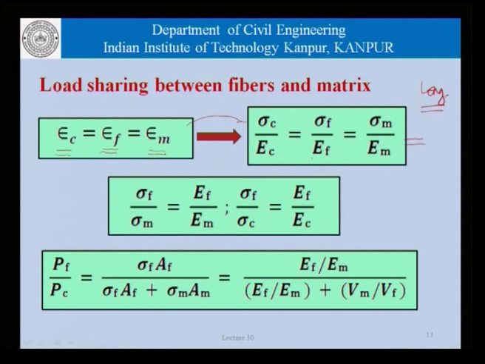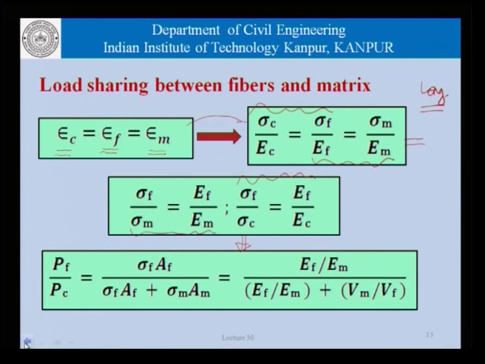Now, if we take these two terms, we get these equations here, and if we take these two things here, we get these two here, and we can derive the kind of equations which are given at the bottom.